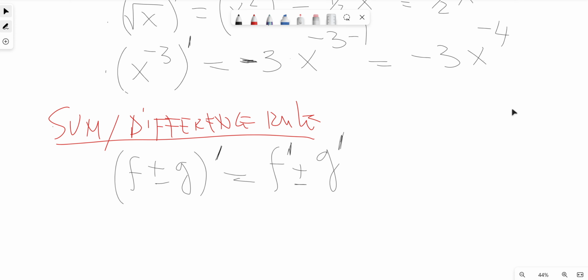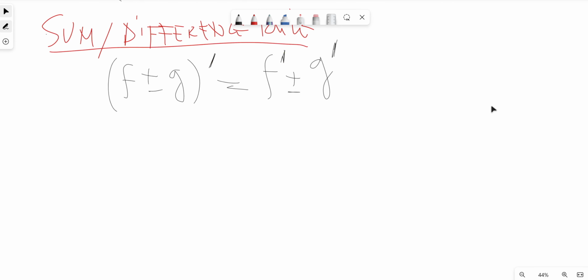So let's go over a few examples. So let's say I need to get the derivative of x squared plus x to the negative first power.